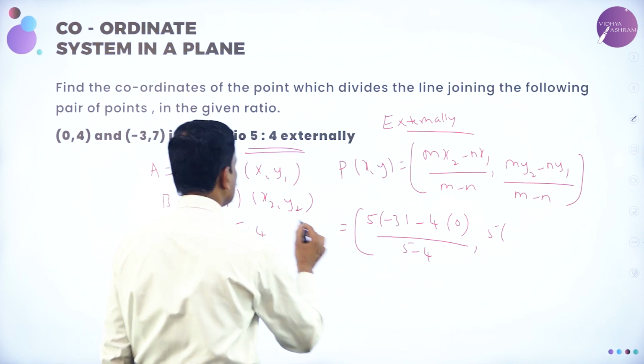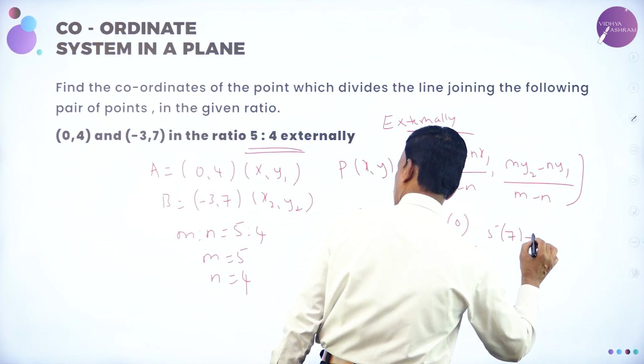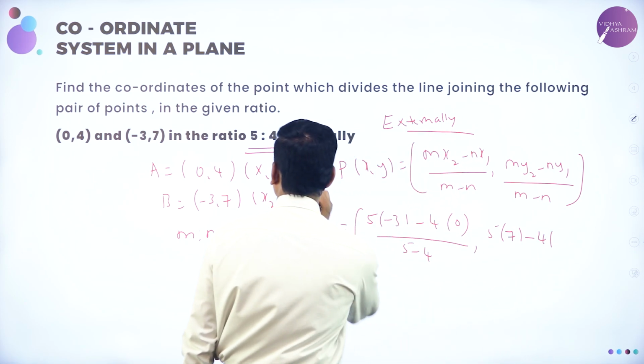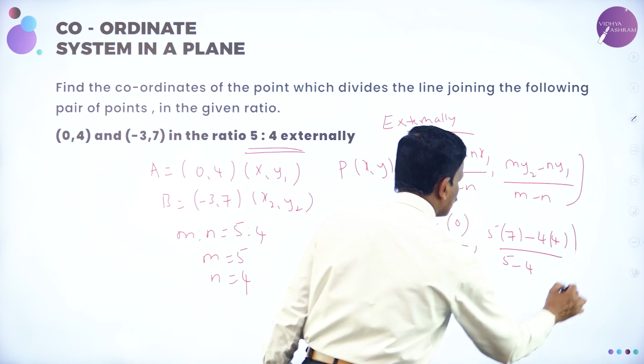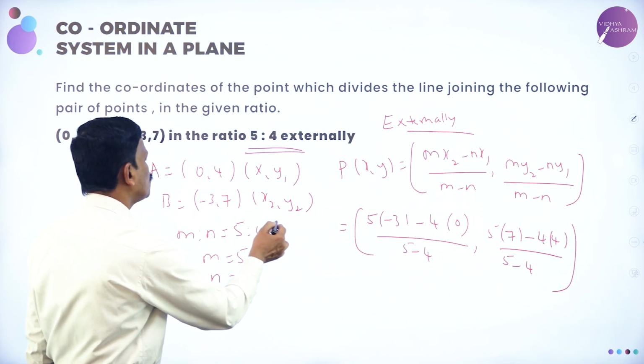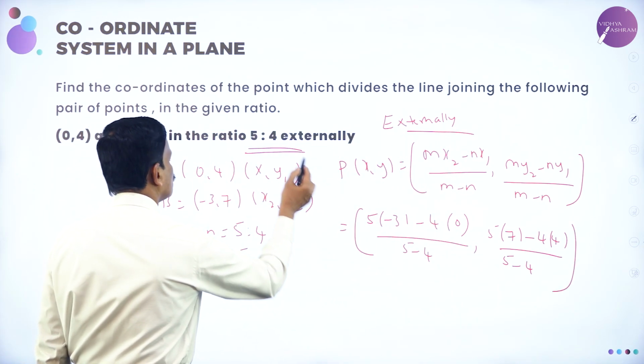What is y2? y2 is 7, minus n is 4 into y1. y1 is also equal to 4, divided by 5 minus 4. So m into y2 minus n into y1.